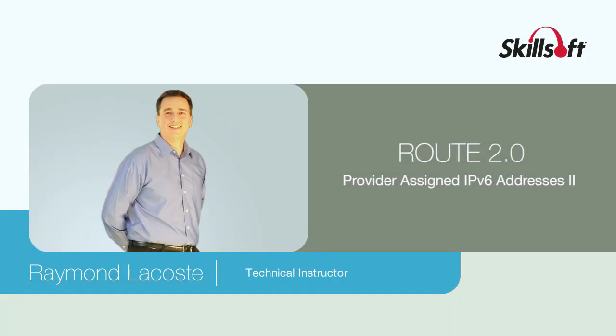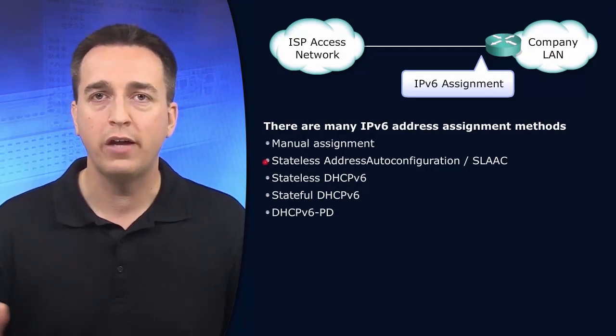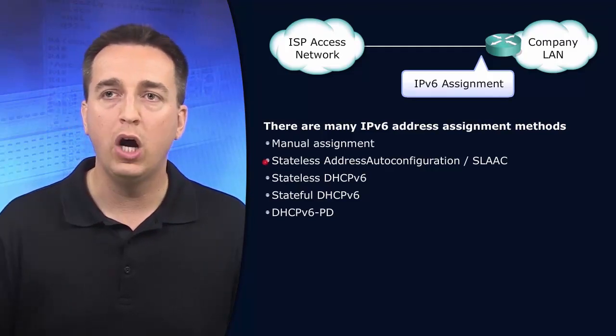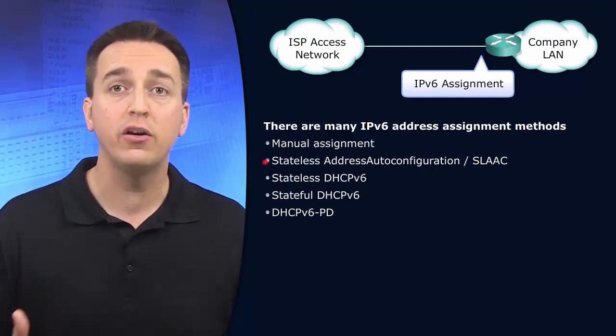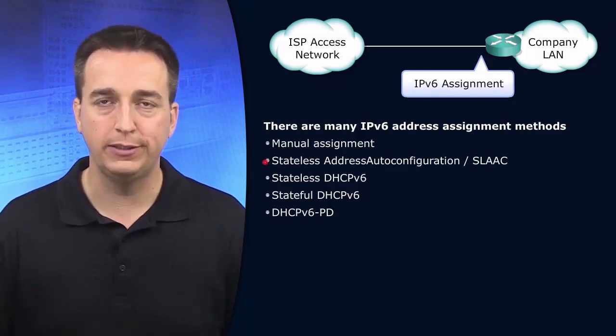Another option we have for IPv6 address assignment is stateless auto configuration, or SLAAC for short. With stateless auto configuration, we are allowing our devices to automatically generate their very own IPv6 address.